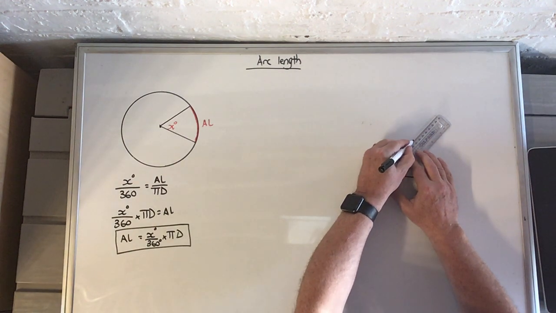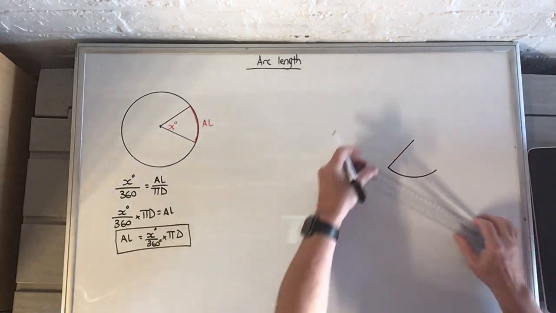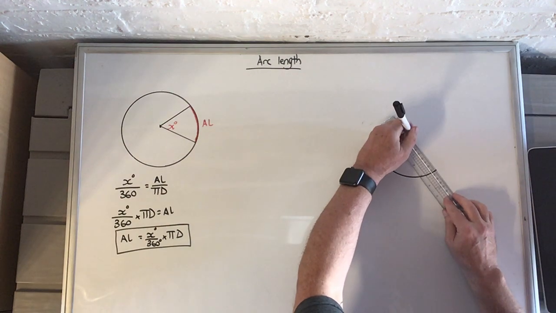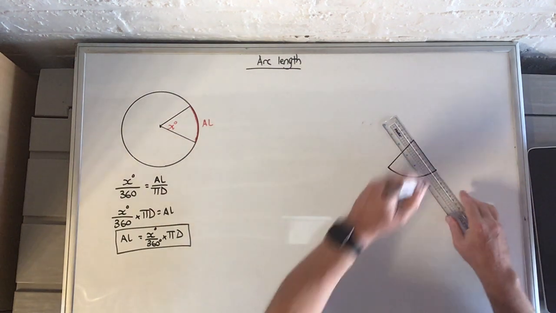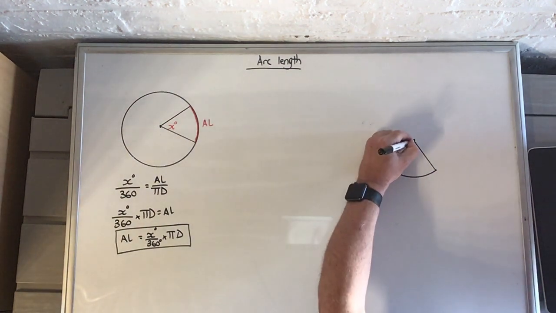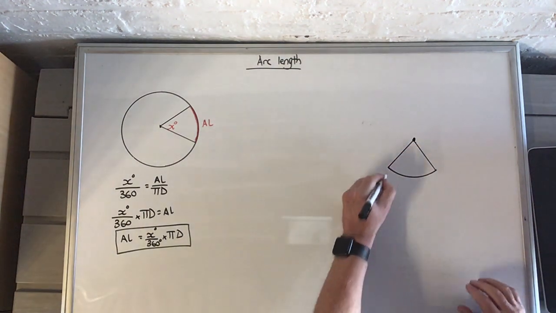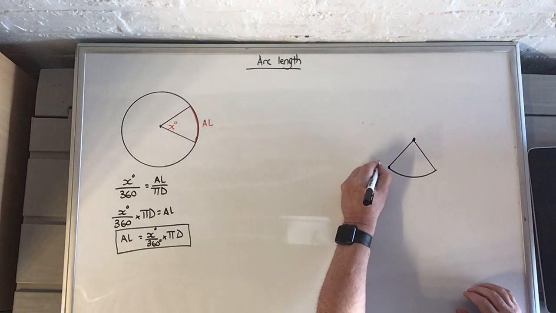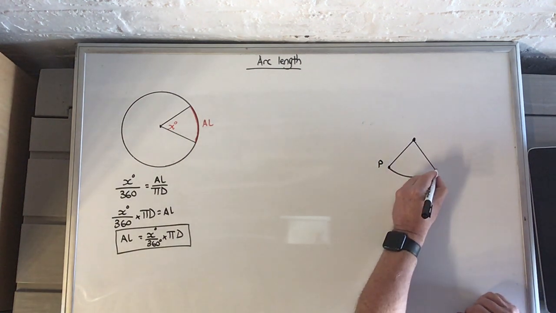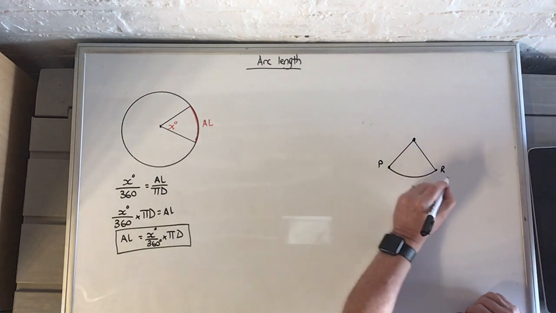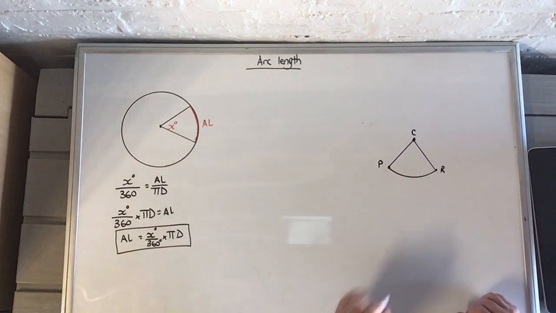And up there. And up here. So that's my centre of the circle. Remember, just think about the whole circle. There's P. I'll call this R. And C for the centre.